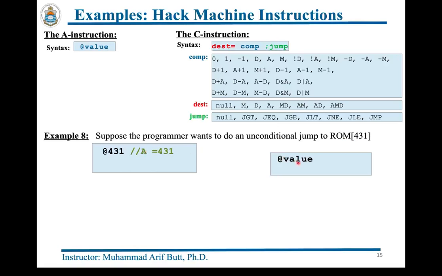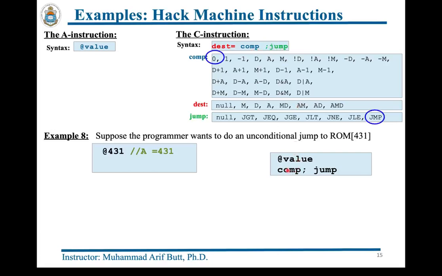And now, as I've said in the previous slides as well, the RAM as well as the ROM, both locations 431 are active now. And now I'm going to use the C instruction, and this time you see I have not used the destination and equal sign. I have just used the computation semicolon jump portion.